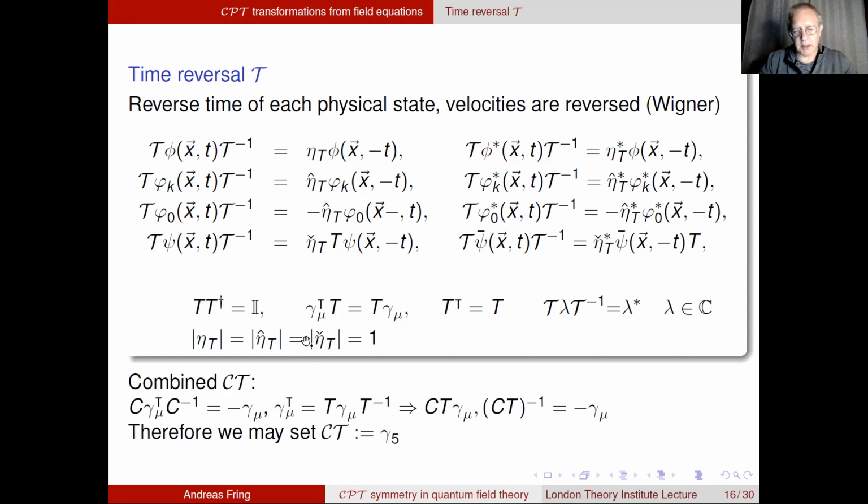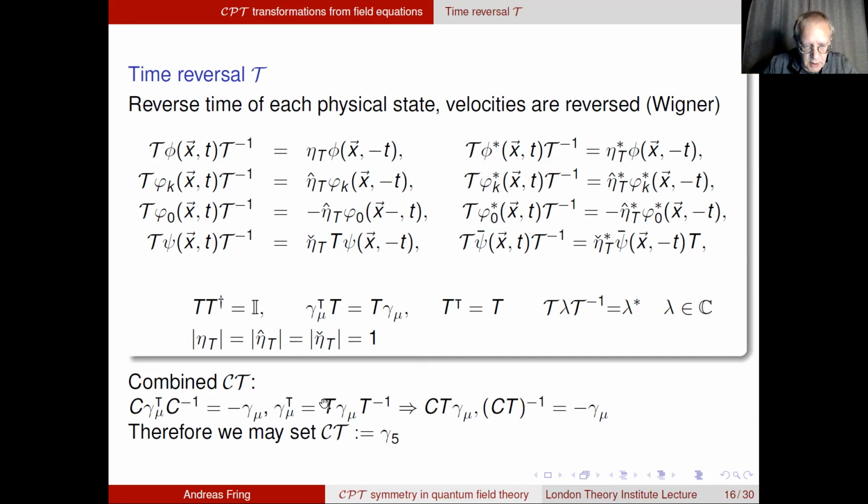We can combine now transformations. And first I want to combine just C and T. And we have seen that the adjoint action of C on gamma transpose mu gives minus gamma mu. And gamma transpose, if I solve this equation here for T, gamma transpose mu is equal to T acting adjointly on gamma mu.